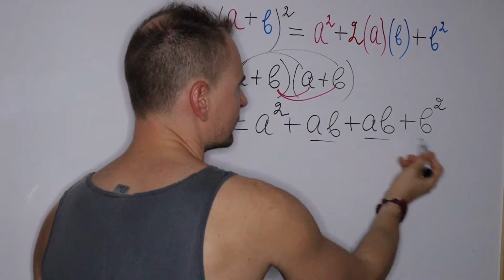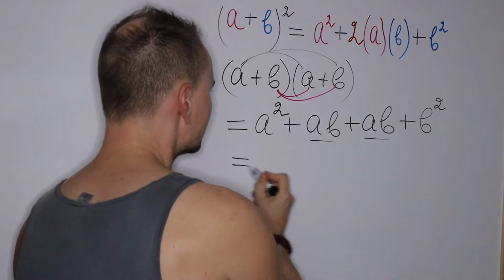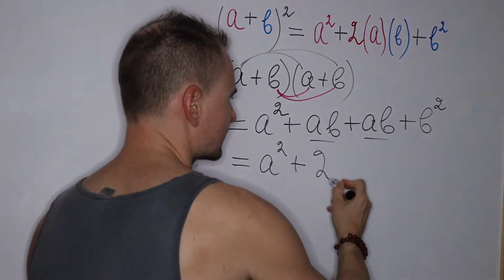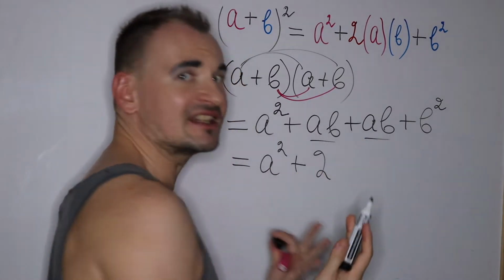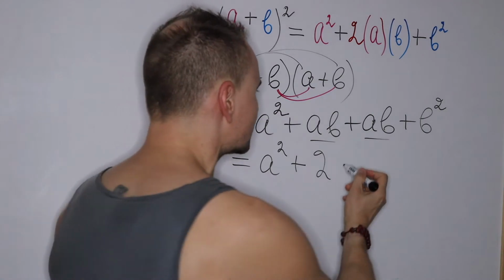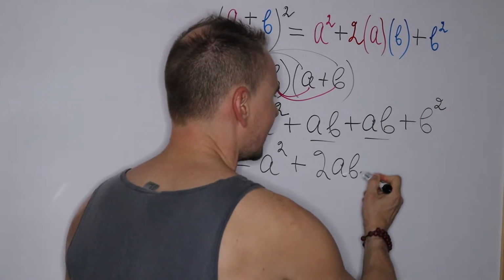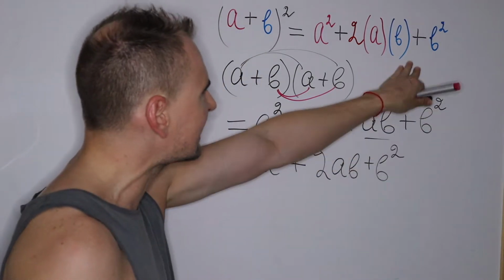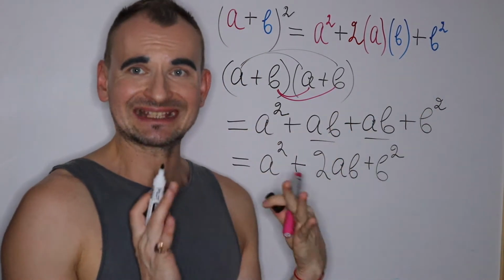At this point you collect these two terms, so you end up with a squared plus 2ab, since they're precisely the same thing, like terms, plus b squared. So you end up getting precisely the same expression.